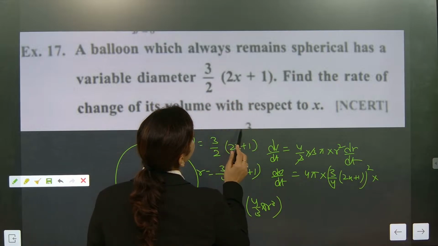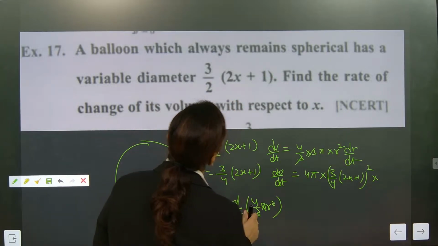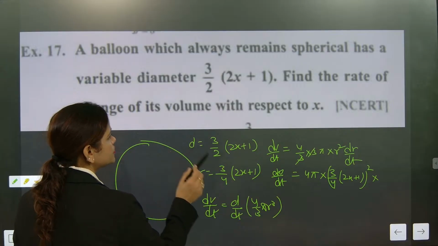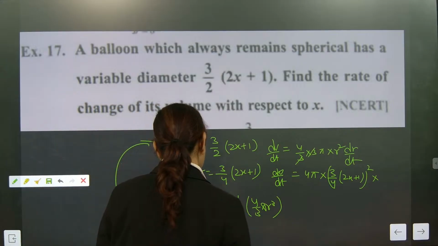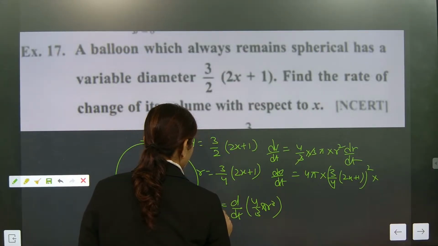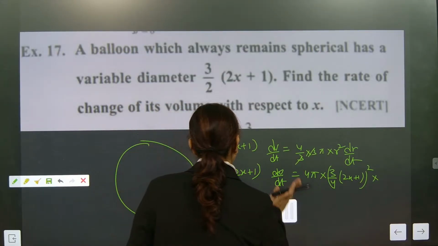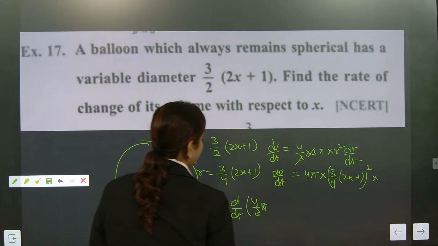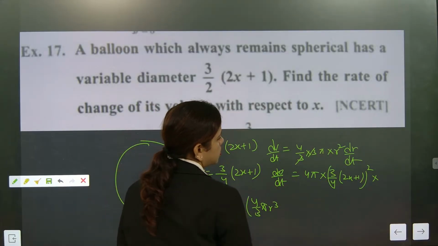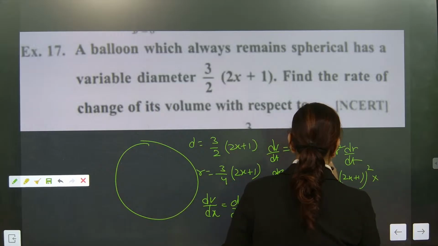dr by dt, we have given or not? A balloon which always remains spherical has a variable diameter. Find the rate of change of its volume with respect to x. So with respect to x, the given value is minus 2. Here I have to differentiate.